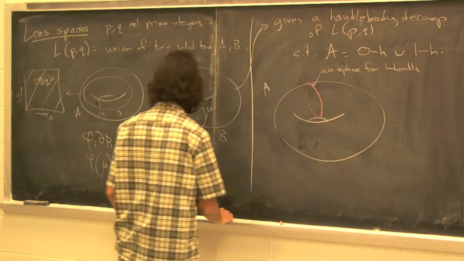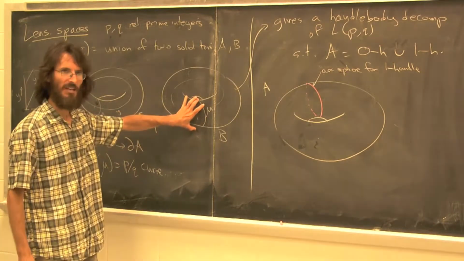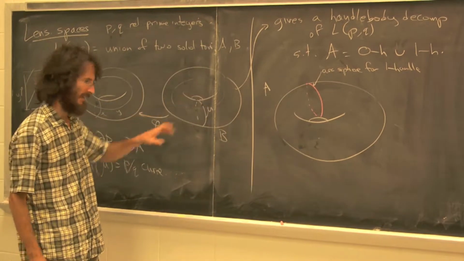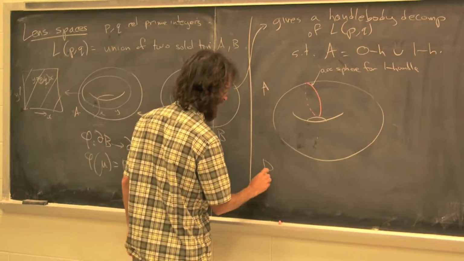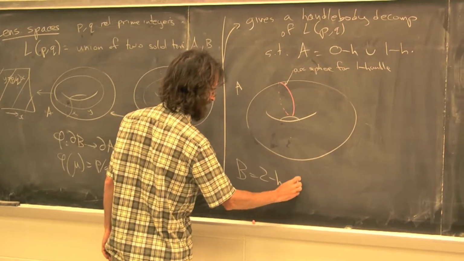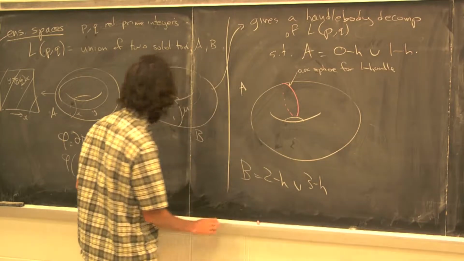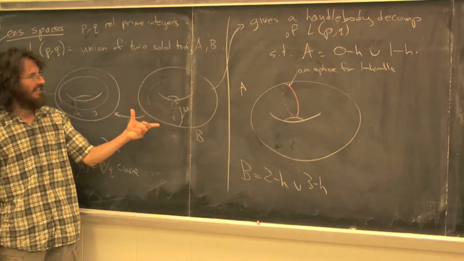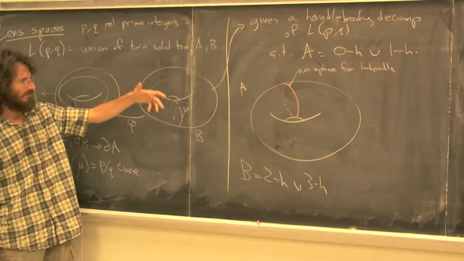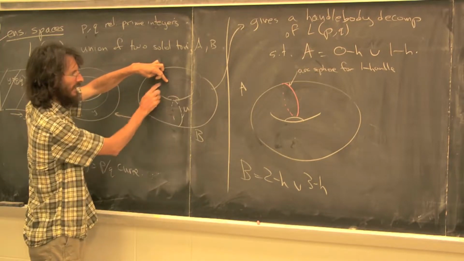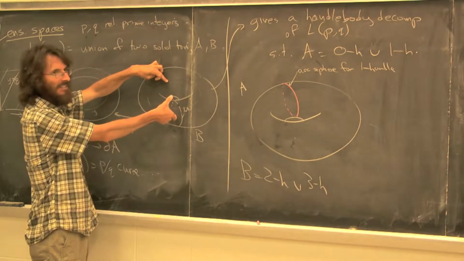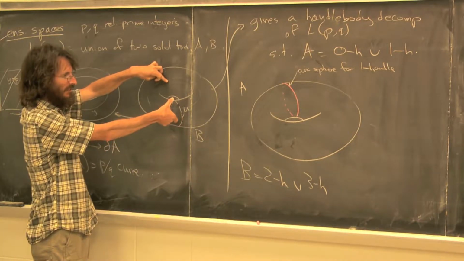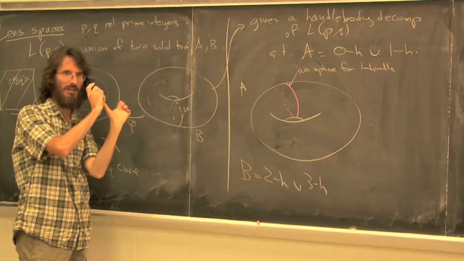And then B is going to be the 2 handle and the 3 handle. I'm just reminding you how Heegaard things work. Of course, you turn it upside down and it looks just like A. If you turn it upside down, there's a 0 handle and a 1 handle, and the ascending sphere for the 1 handle turned upside down becomes the descending sphere for the 1 handle.